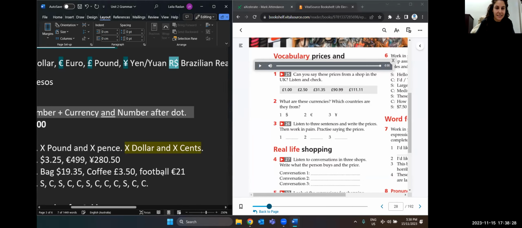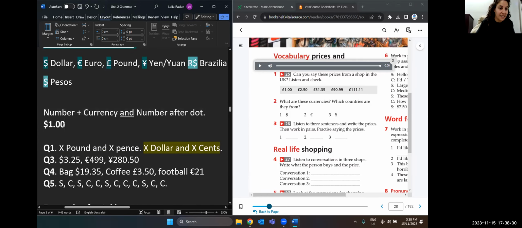Now let's give another example. The second one says this one. So again, I need to say the first number first. So it's 2. Then I say the currency, dollar. And I have to say the word and when there's a full stop. And then I say the number, 50. And then I need to say cents.